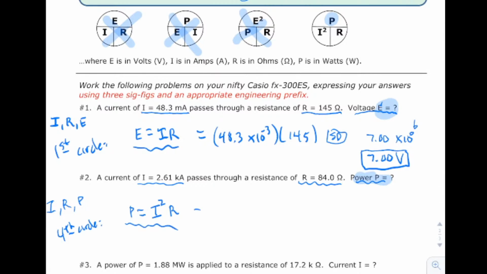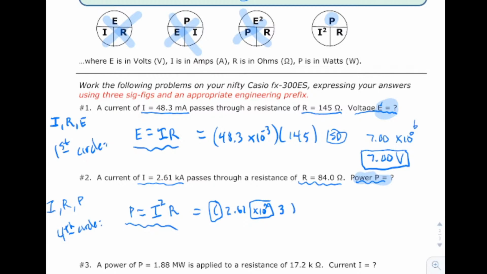On my Casio, the way I'm going to enter this, I am going to enter a parentheses. I'm going to put my I in, which is 2.61. And then to get kilo, I'm going to use the times 10 to the X button with a 3. Remember, that's how you enter 2.61 kiloamps.